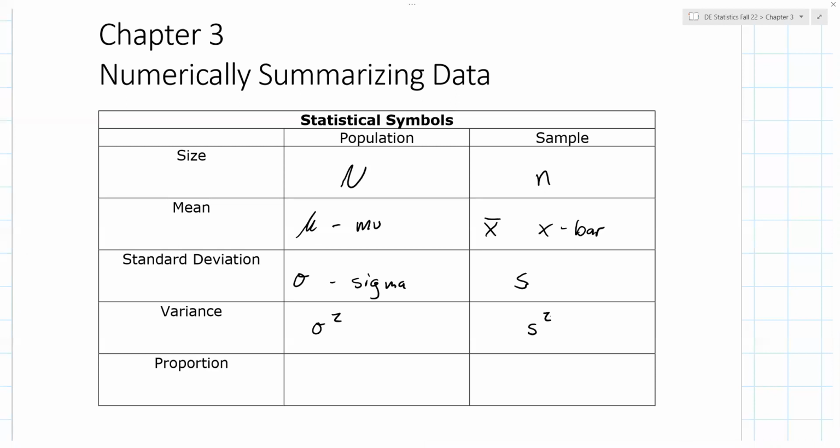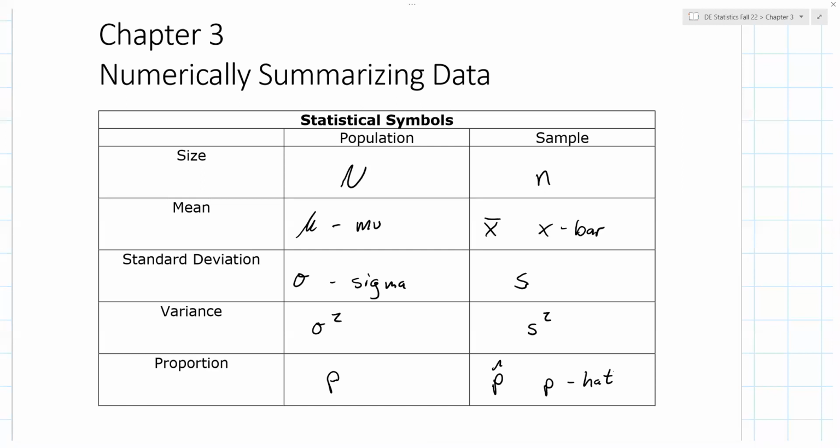And then for proportion, we have the letter p. Lowercase p is our population proportion. And then our sample proportion is this guy right here. And that is pronounced p hat. So we'll see that in a couple places as well.